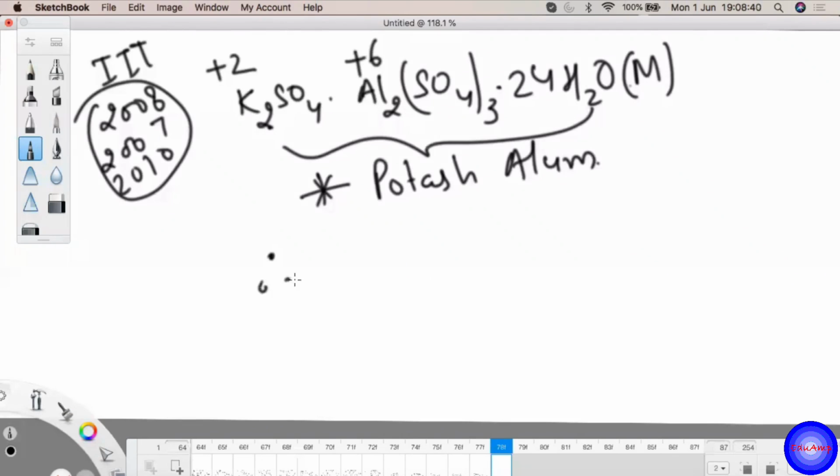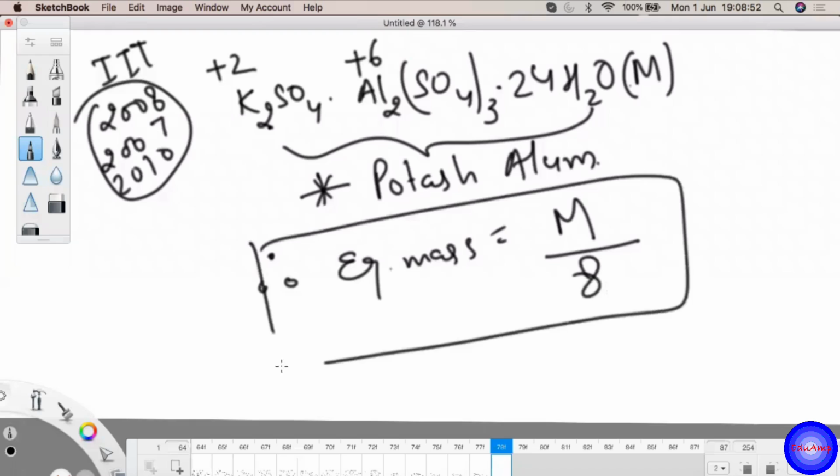Therefore, equivalent mass will be the molecular mass divided by the total charge on metal. 6 plus 2 is 8. So the equivalent mass of potash alum is M by 8. Very good, Sandeepani.